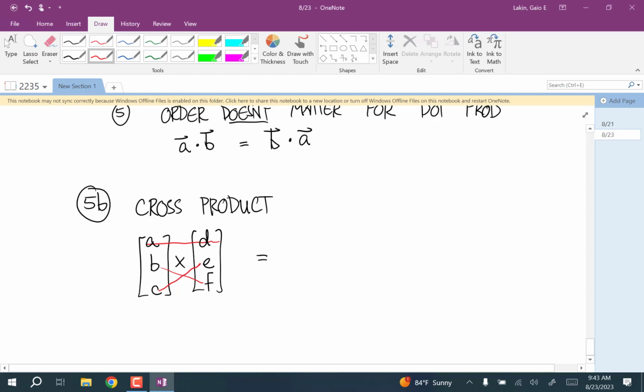That's where the cross comes from, okay? And so your X component would be BF minus CE.